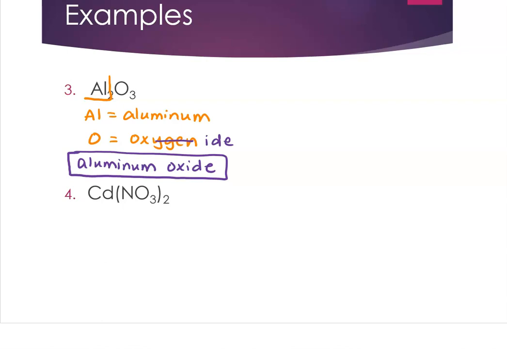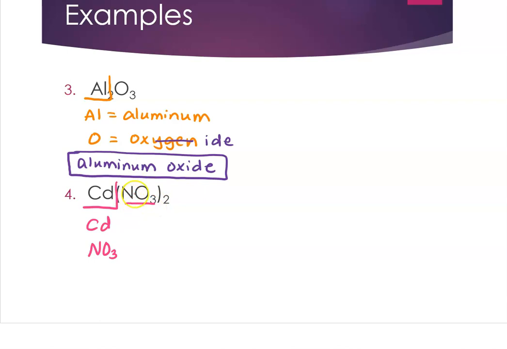Okay, let's look at a couple more here. We have Cd(NO3)2. Now here we have a situation where we have something in parentheses. If we have something in parentheses, that is an automatic indicator that it is a polyatomic ion. So Cd is going to be by itself, and then we have NO3. The number outside the parentheses doesn't matter because it's not part of the polyatomic ion.